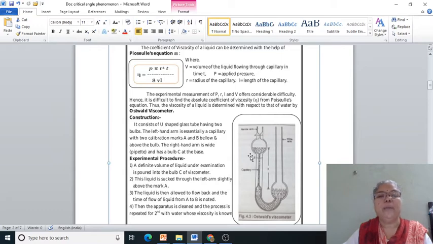I will repeat again. Ostwald's viscometer consists of a U-shaped glass tube having two bulbs.